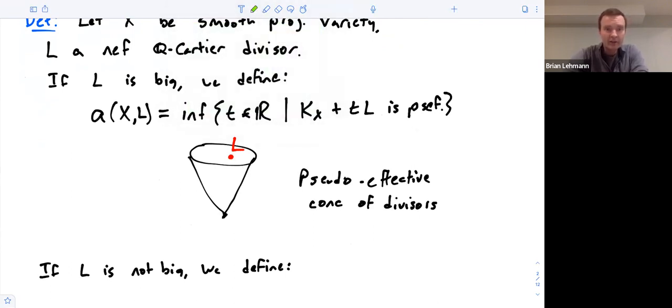On the other hand, if we have a uniruled variety, then maybe K_X should be on the exterior of the cone. And what this invariant is measuring is how much of L do we need to add on until we hit the boundary. So again, it's measuring the negativity of the canonical divisor against L.